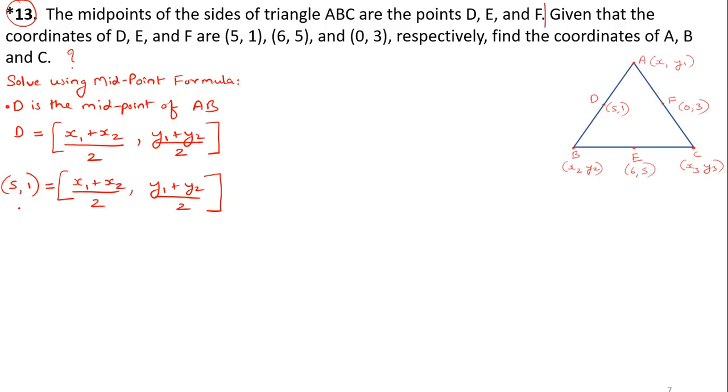Now, 5 belongs to the x part and 1 belongs to the y part. So I can say therefore x1 plus x2 divided by 2 is equal to 5, and I will send this 2 to the other side.